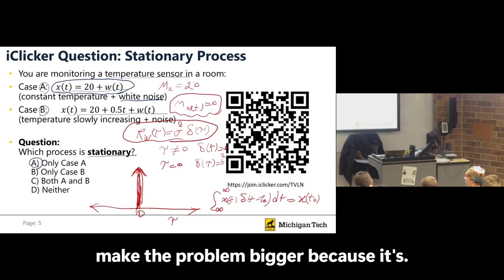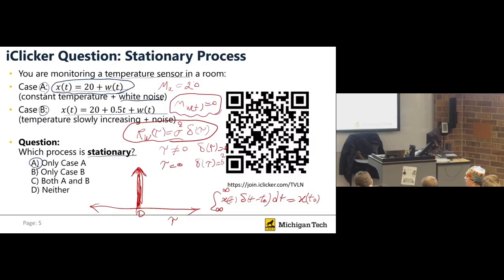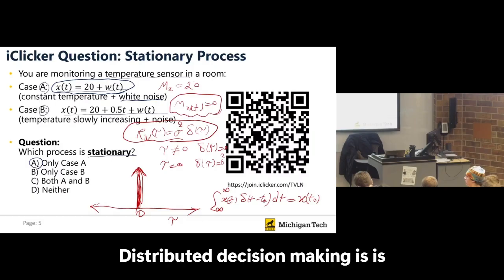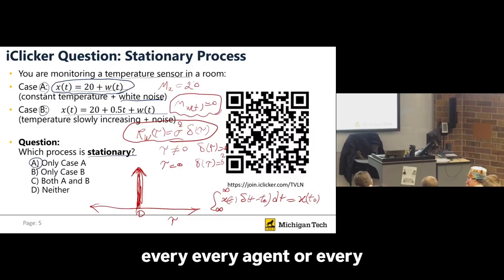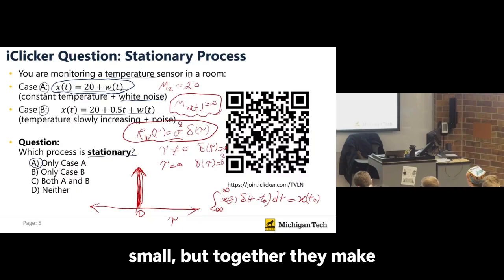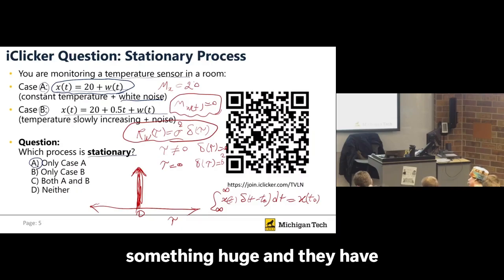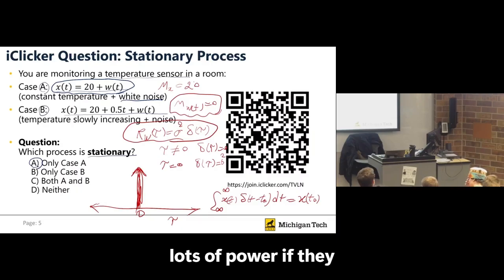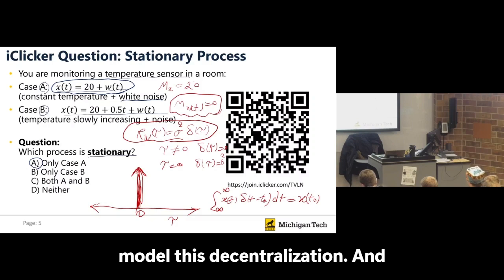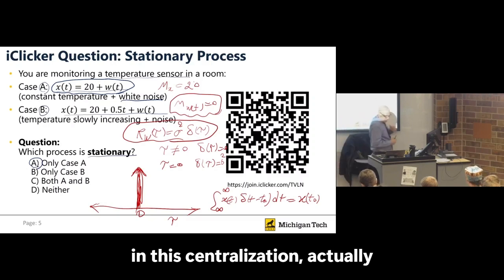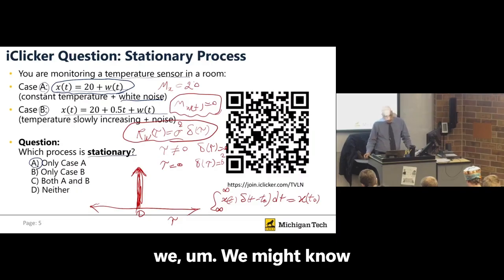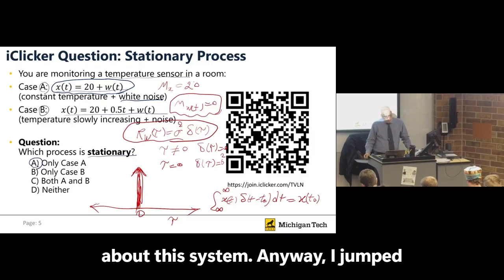You can make the problem bigger because it's distributed decision making. Every agent or every part of the decision is very small, but together they make something huge, and they have lots of power if they get together. So the model is decentralization.